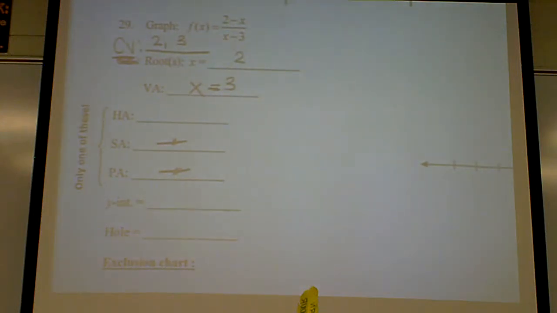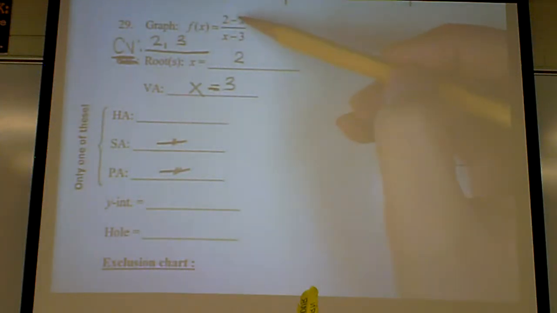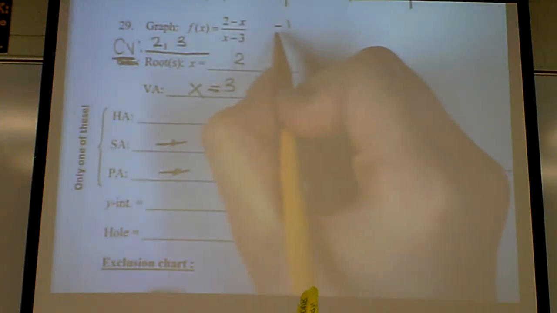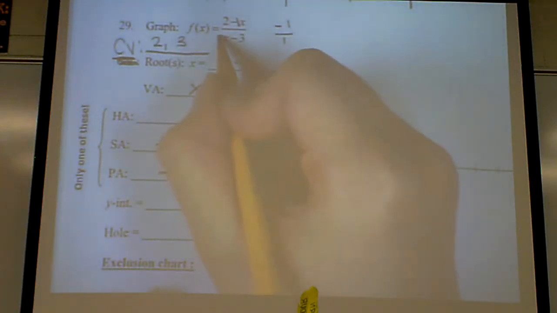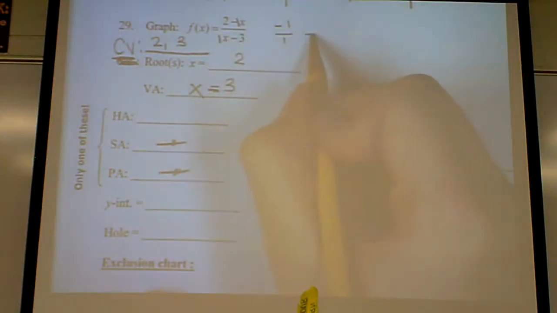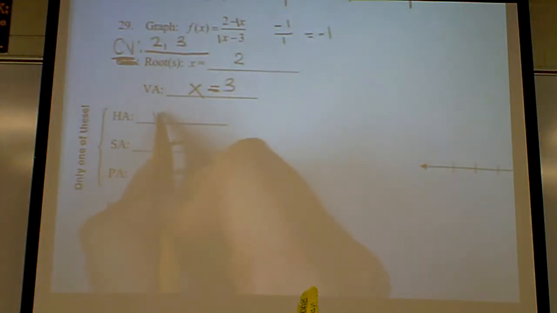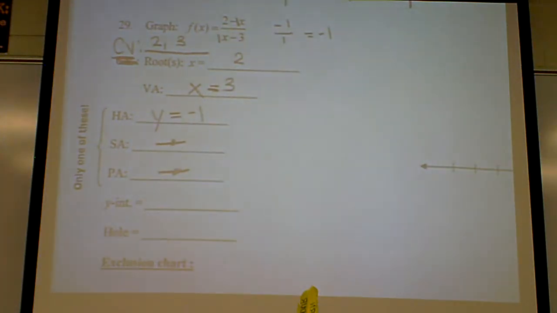I take the number in front of the x. Negative 1 over 1 is negative 1. So this is y equals negative 1. If I plug 0 in to find my y-intercept, what do you get? 0, negative 2 over 3.